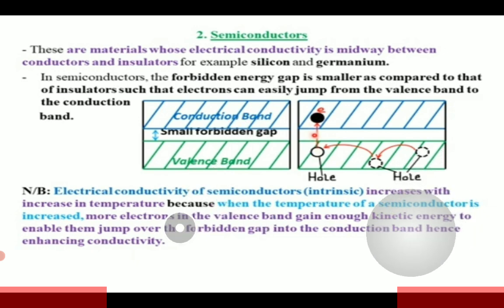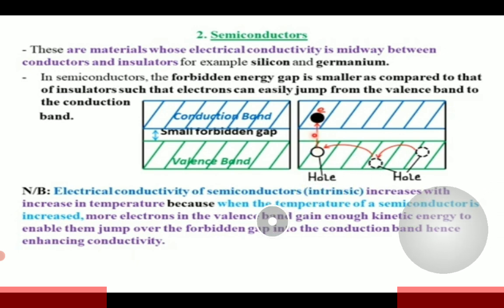All right. So electrical conductivity of semiconductors, which are pure, and are also called intrinsic semiconductors, increases with increase in temperature. So in order to improve the conductivity of semiconductors, simply apply some heat to them.